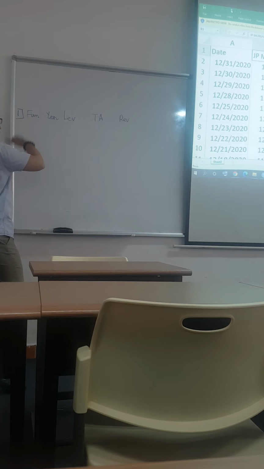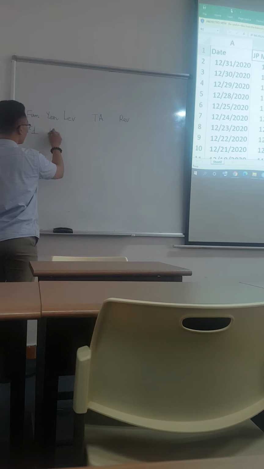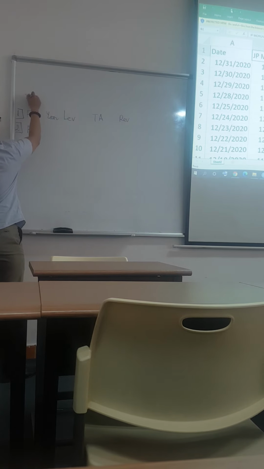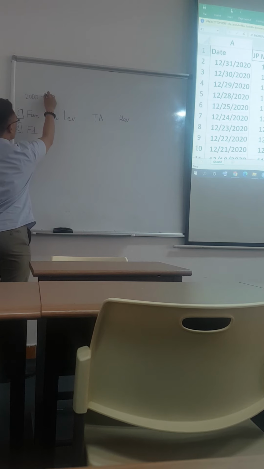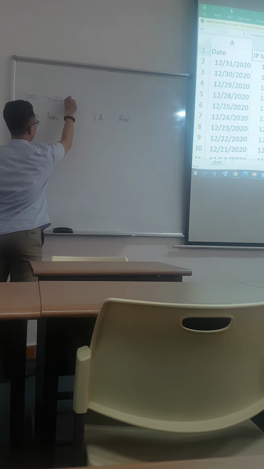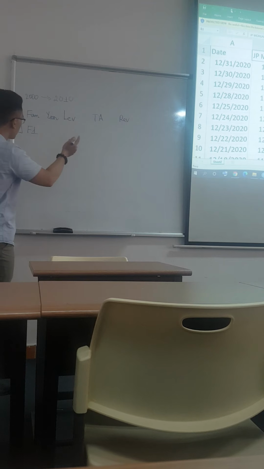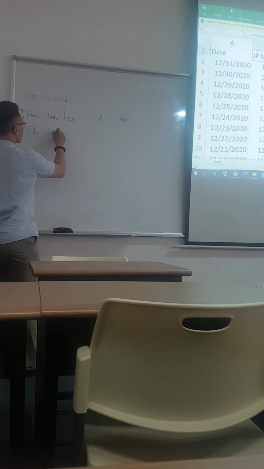Okay, so how do you construct that? On the second row, you have the firm one name, and the year, the first year of the data set. For example, you have a data set from 2000 to 2010, so the first year is going to be 2000.